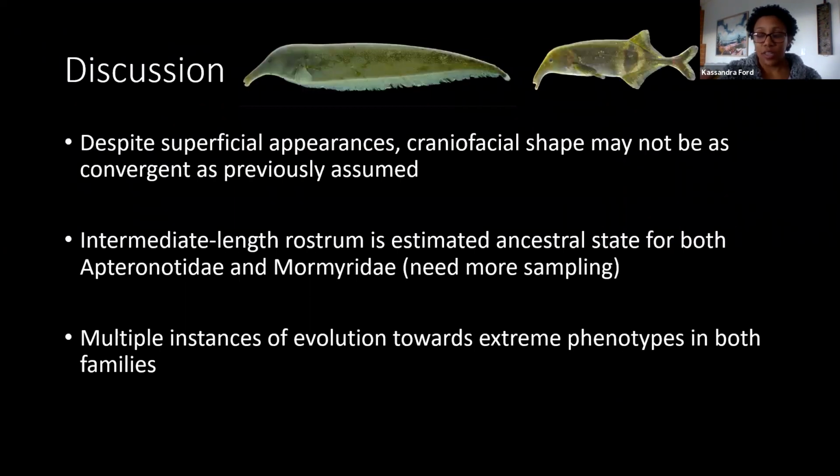And so when we take a look at this overall, what we find is that despite superficial appearances of convergence, like these two fish that are visualized over here on this slide, craniofacial shape underlying those external morphologies may not be as convergent as previously assumed. But we are seeing some similarities between the groups in terms of their potential ancestral state and the number of times that we're seeing extreme phenotypes evolving in both lineages.